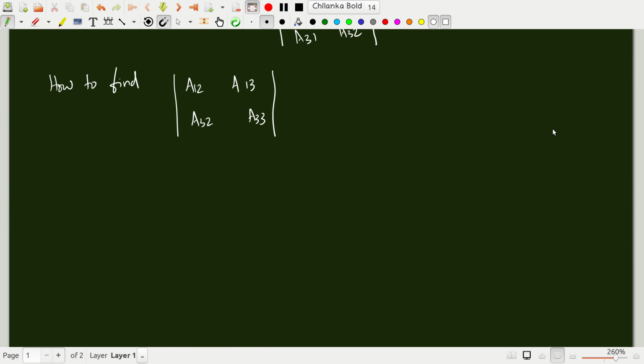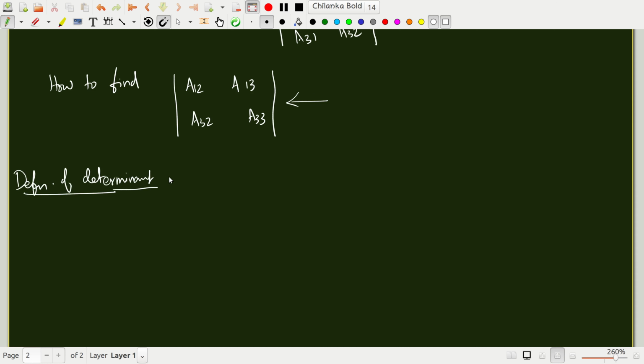That's what I'm going to tell you next. Before I do this, let me give the definition of determinant, and then I will tell you how to apply this recursively.